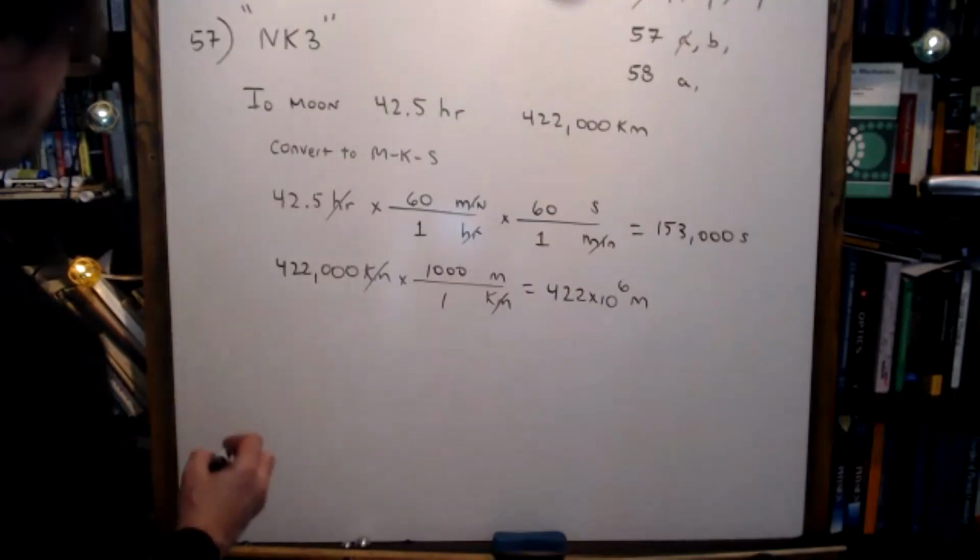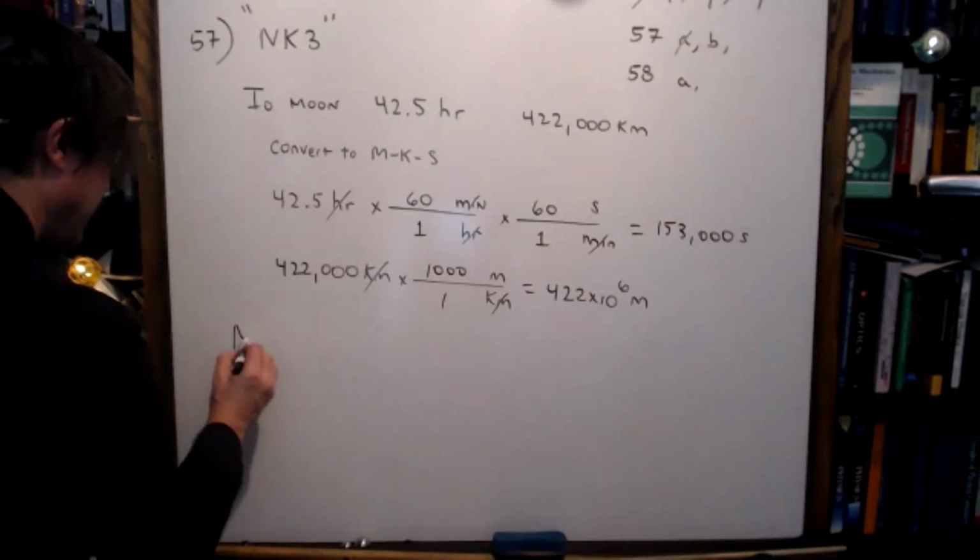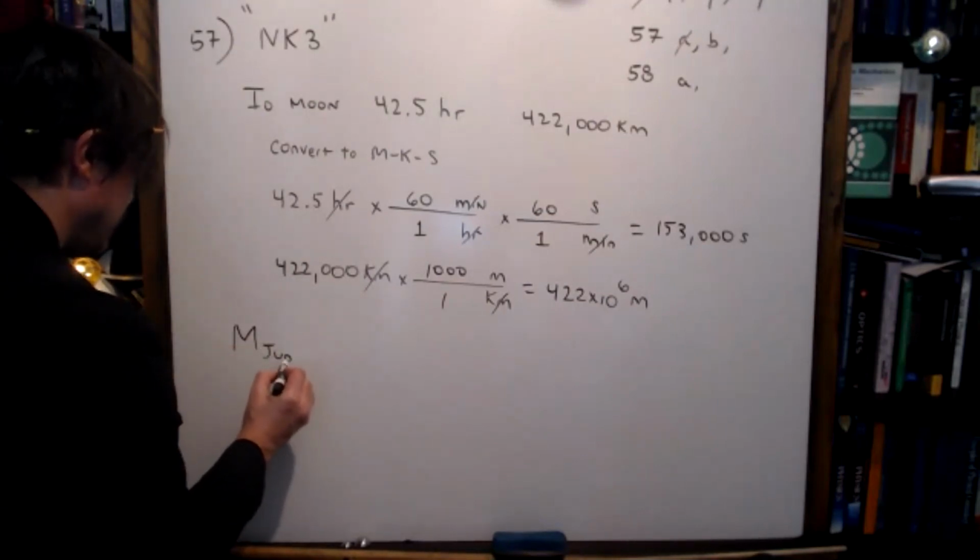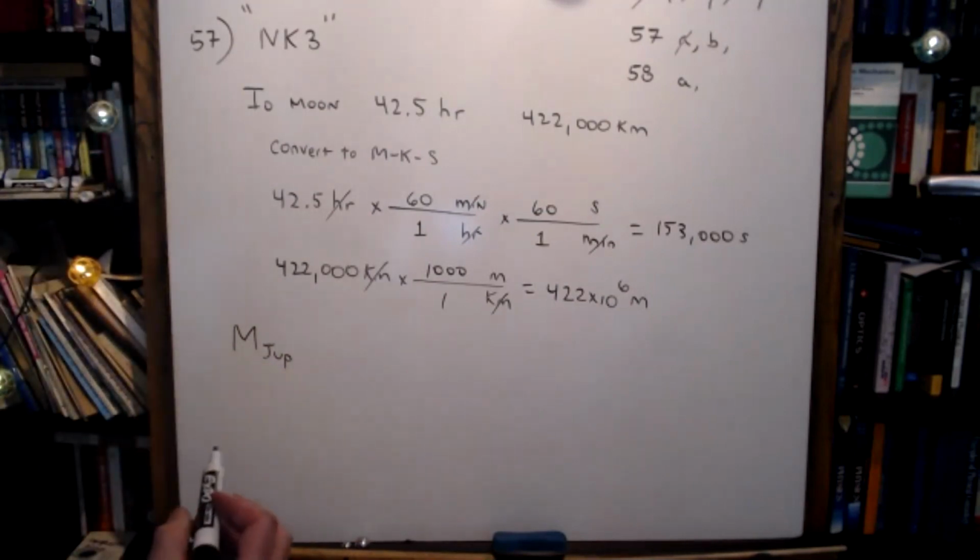The mass of Io plus the mass of Jupiter is just the mass of Jupiter. The mass of Io certainly will not add anything to Jupiter's prodigious mass.